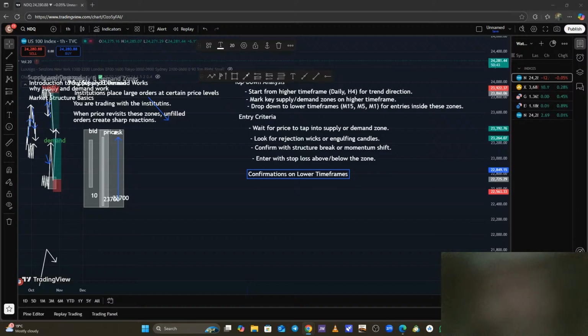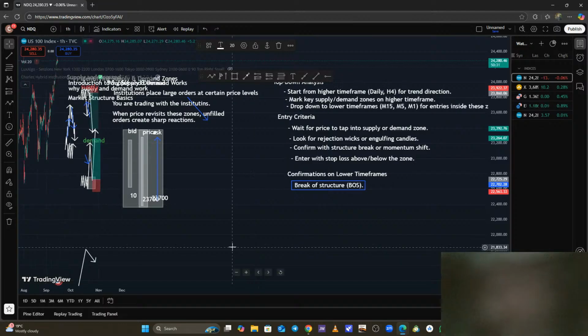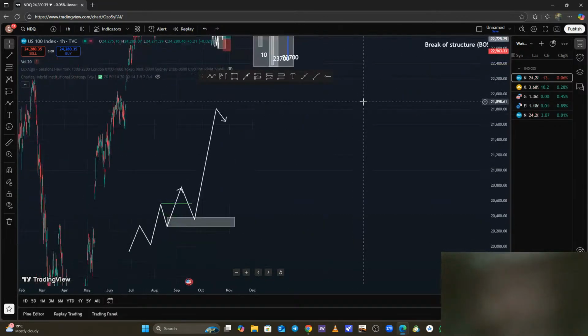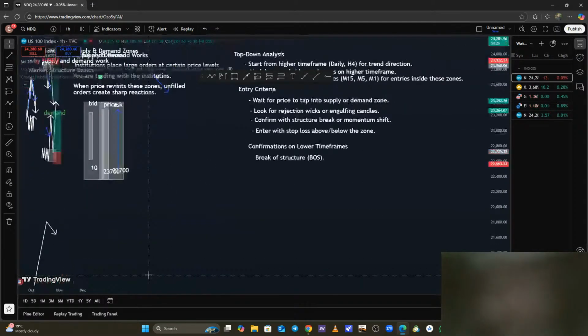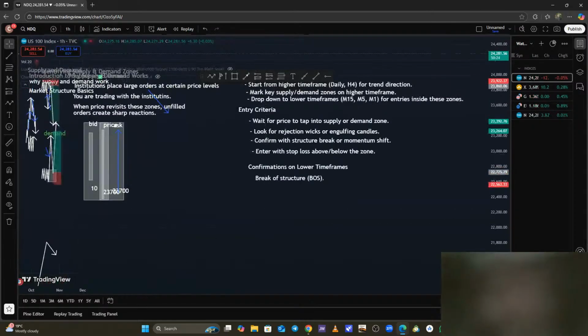So inside these zones you need to look for, number one, break of structure. I just explained break of structure a few minutes ago. You need to confirm the break of structure. So that's the number one thing.